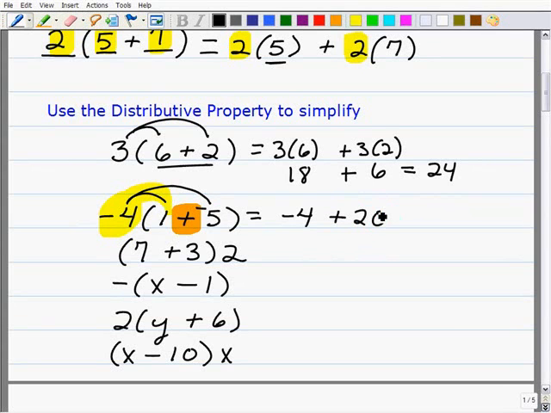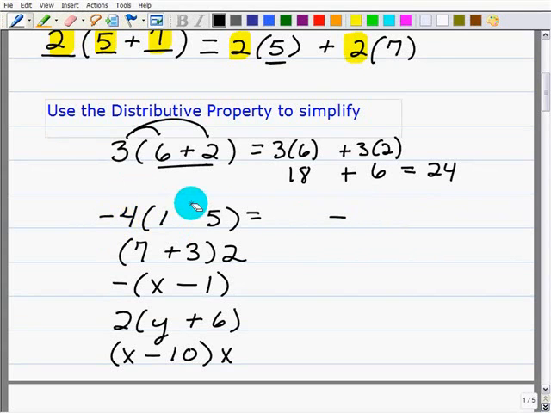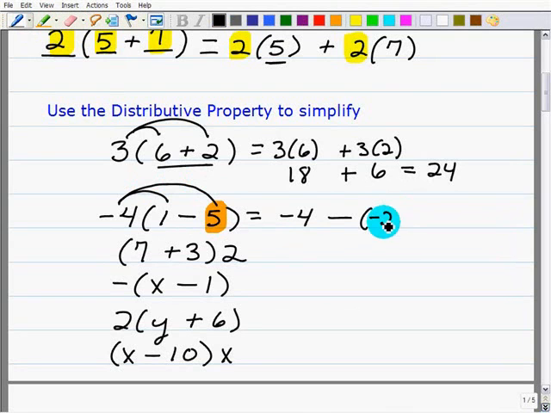All right, let's take a look at this problem again, but this time let's leave it as a minus situation. So it'd be negative 4 times 1, which would be negative 4, minus a negative 4 times a positive 5. This time we're leaving that subtraction sign alone. So negative 4 times a positive 5 would be negative 20.